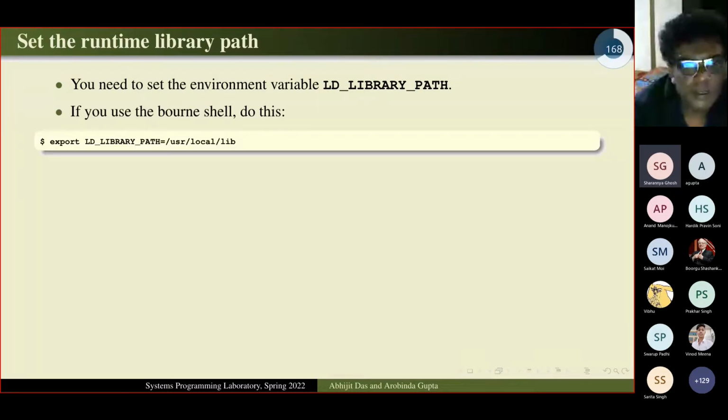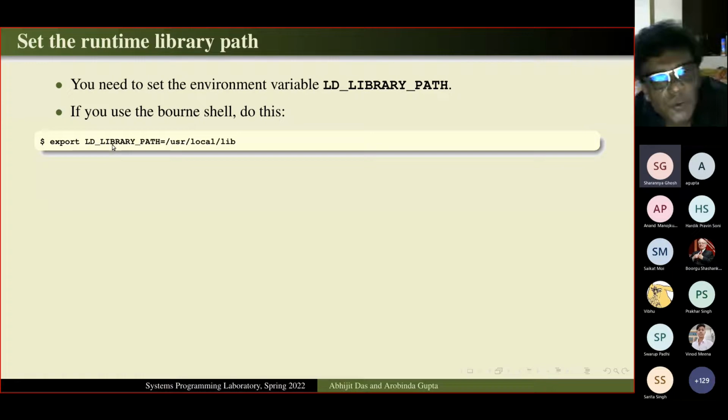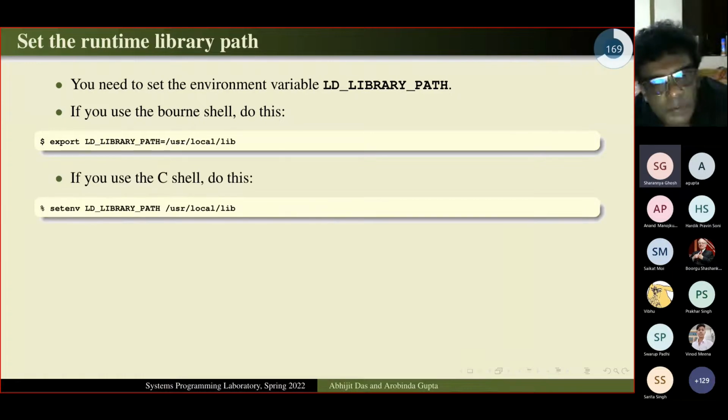You need to set it. For example, if you use the Bourne shell, just for the moment, without understanding much, you set LD_LIBRARY_PATH and export it. If you use another shell, the command is essentially the same thing, but written in a different way.